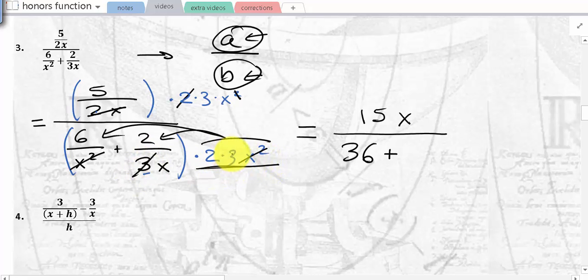So the 3 and the 3 will go. Now remember, this x is still there, right? The 3 and the 3 will go, and this x will go with one of them. And so you multiply 2 by 2, which gives 4x. That's it. Pretty straightforward. Basically, one step.